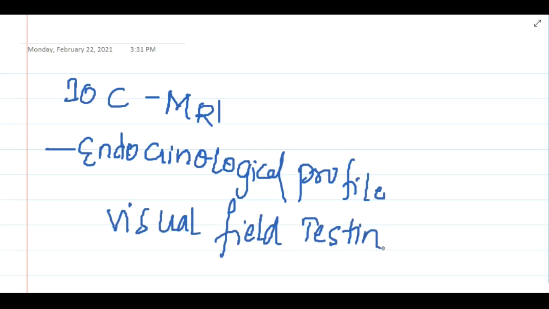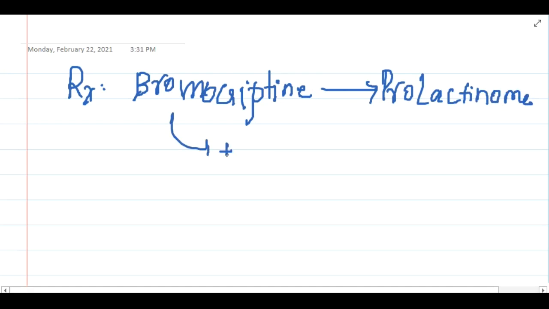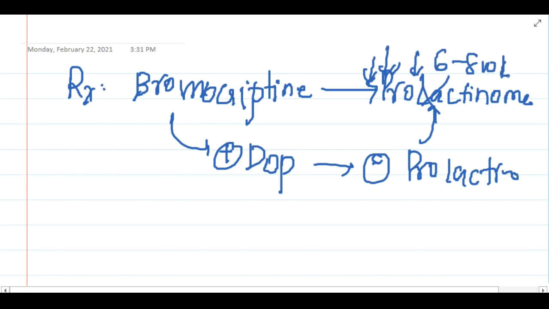Right? So if we see the treatment, first and foremost we give bromocriptine, a dopamine agonist, to treat prolactinoma. Bromocriptine activates dopamine receptors, which inhibits the secretion of prolactin. As a result, it will shrink the prolactinoma in 6 to 8 weeks.